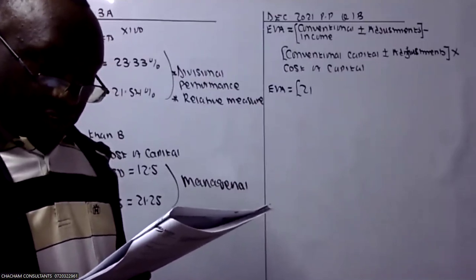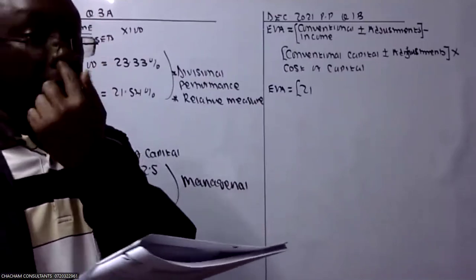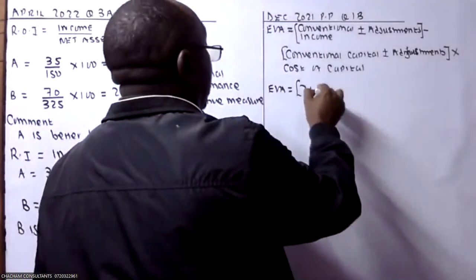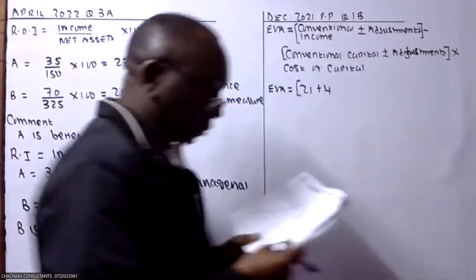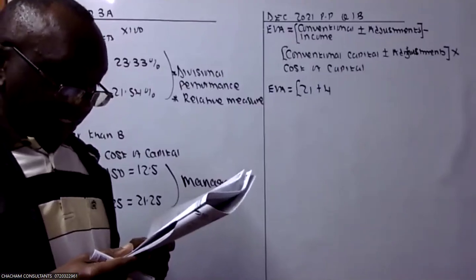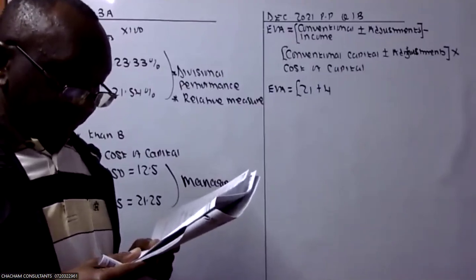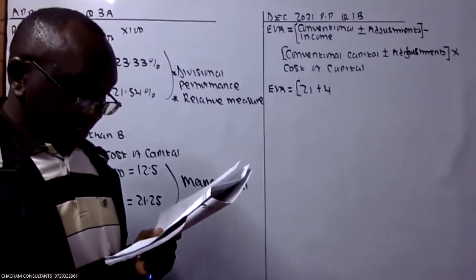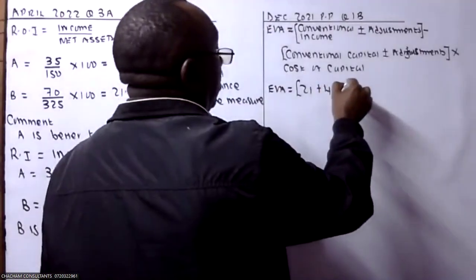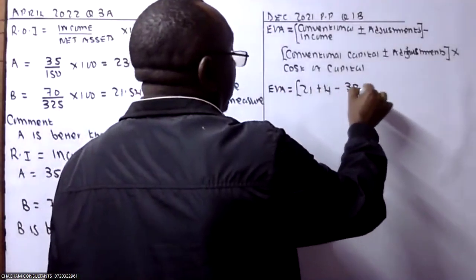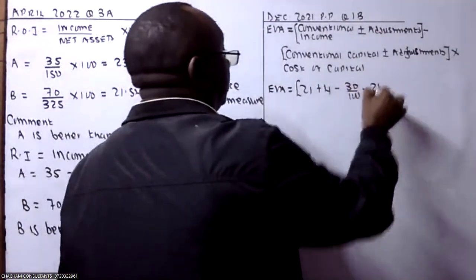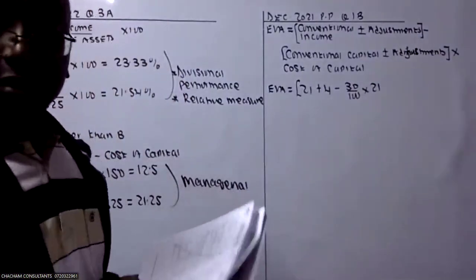So this cost was charged and should not be charged, so we are supposed to add back the 4 million. That's one of the accounting adjustments. The next adjustment is tax. There is tax, which we are told is 30%, so minus 30% of this operating profit, 21. That one now will be subtracted.